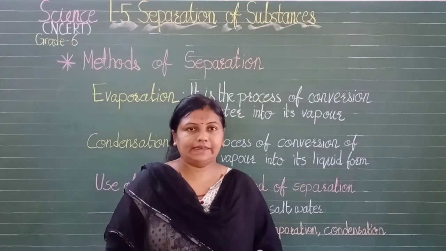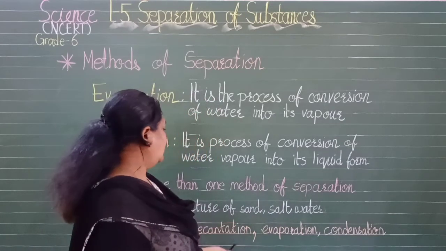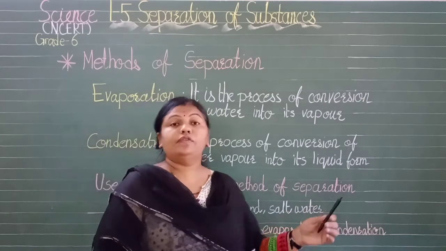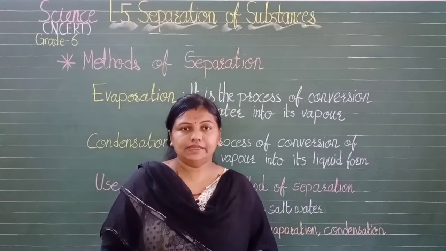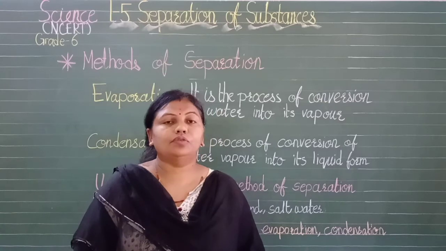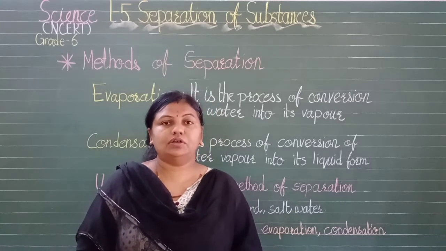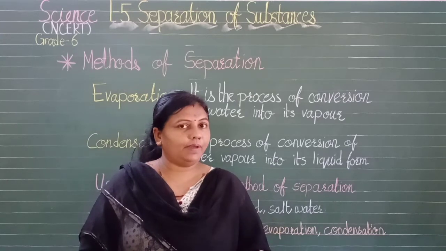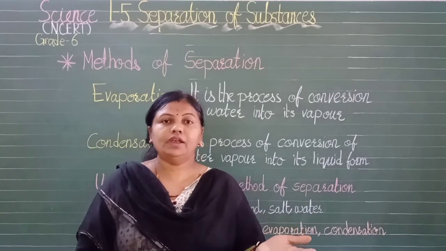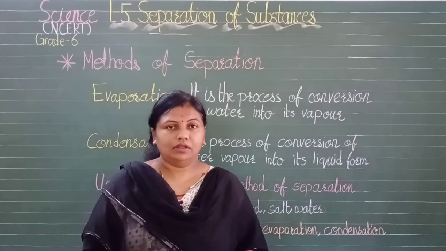So the sand will settle down. Further, evaporation is done. Whichever water is removed will be evaporated. What happens during evaporation? Water will be converted into vapor and salt will be left at the bottom.